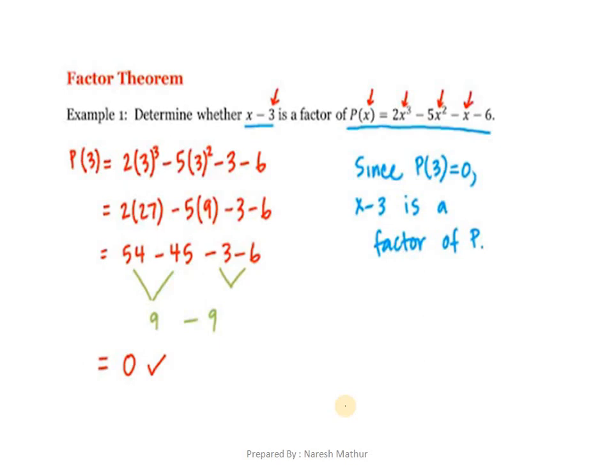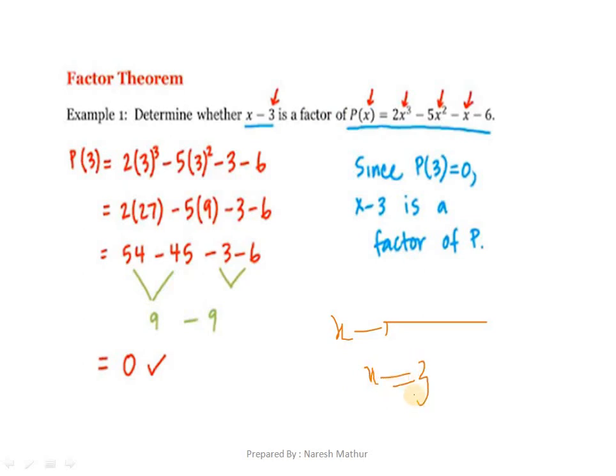If we get 0 as the remainder, we can say the divisor is a factor of the given polynomial. Let's see, we need to divide p of x by x minus 3, so we just put x equals 3.